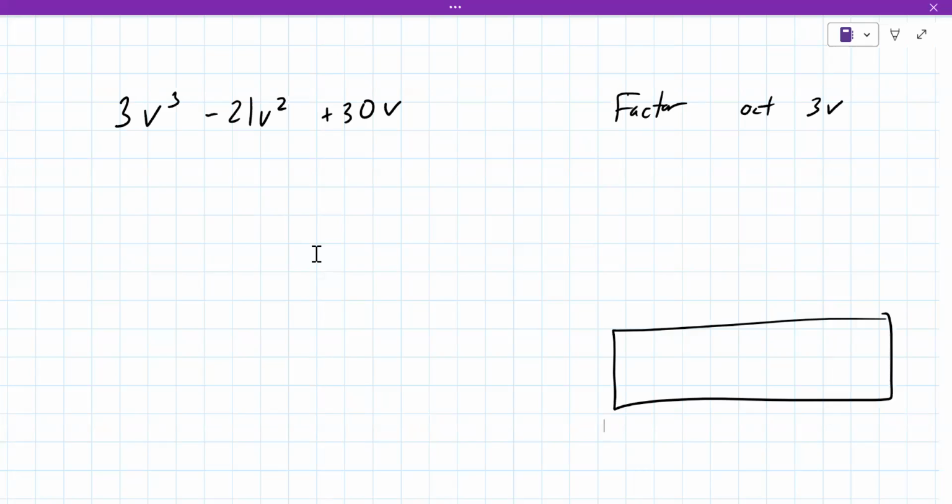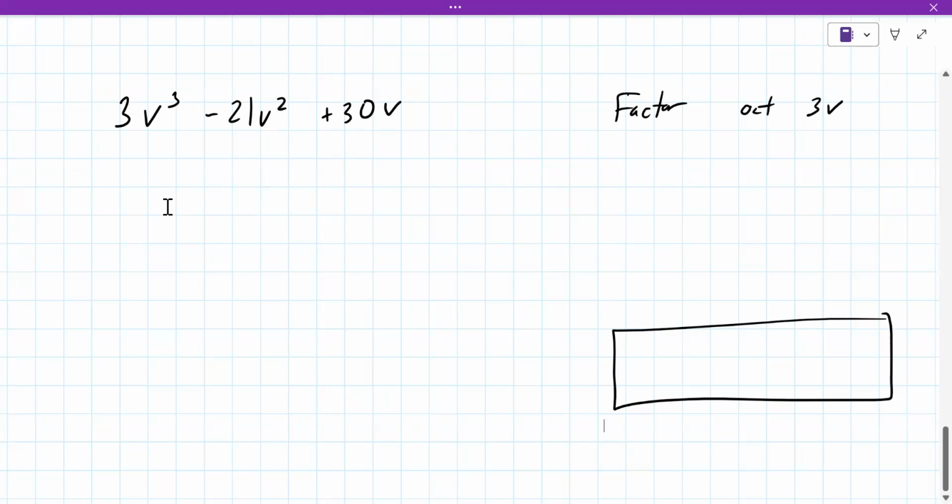Oh, okay, sorry, I see where I went wrong. 3v on the outside. Yep, that's fine. V minus 10, v minus 3. Nope, you basically said the same thing again that you did the first time.